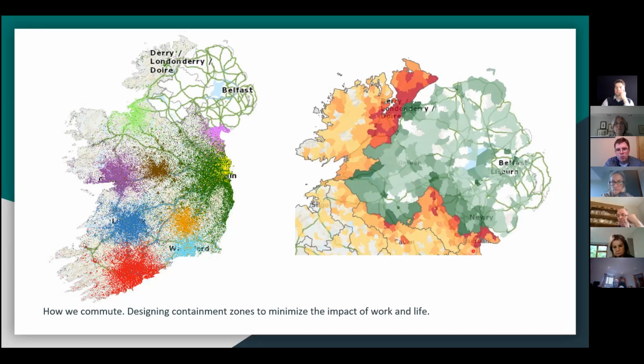It's much more important to put it, say, here between Dundalk and Drogheda, in areas where you can let people live the lives that they need to live without impacting on any kind of politics. We would have a region of control here, a region of control around here, regions of control around here, where you can allow people within those zones to live normally without impacting on anything else.